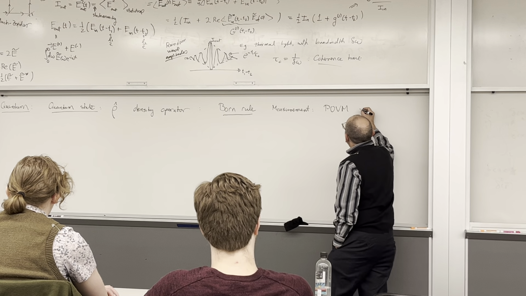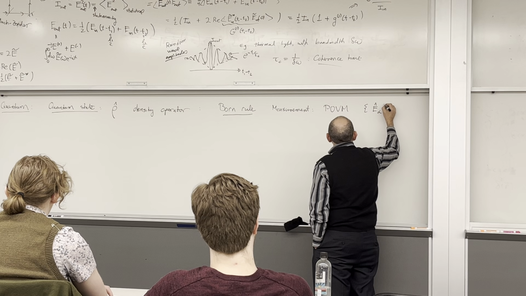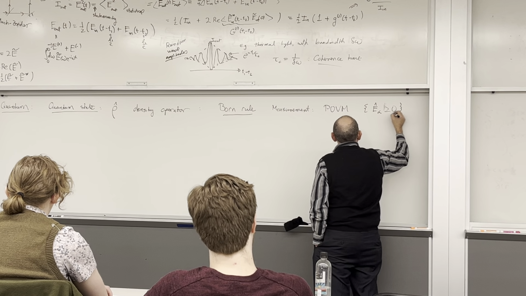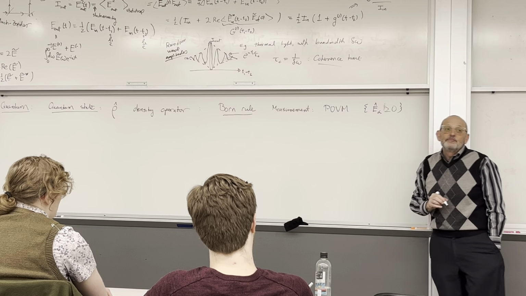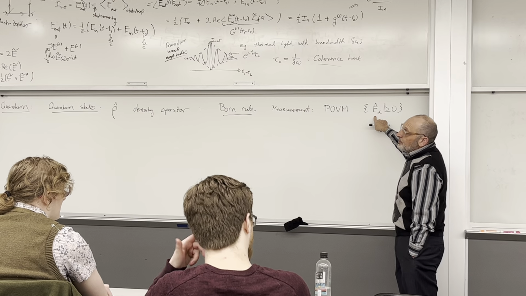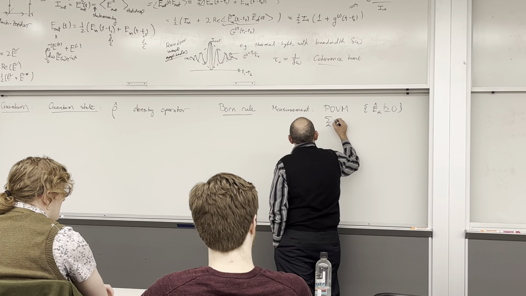And a POVM is a set of operators, could be a continuous uncountable set, or a countable set of operators, which I'm calling E, which are a resolution of the identity.